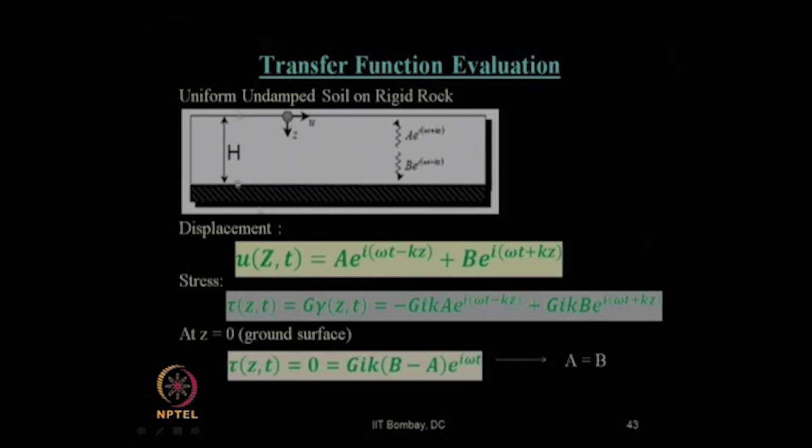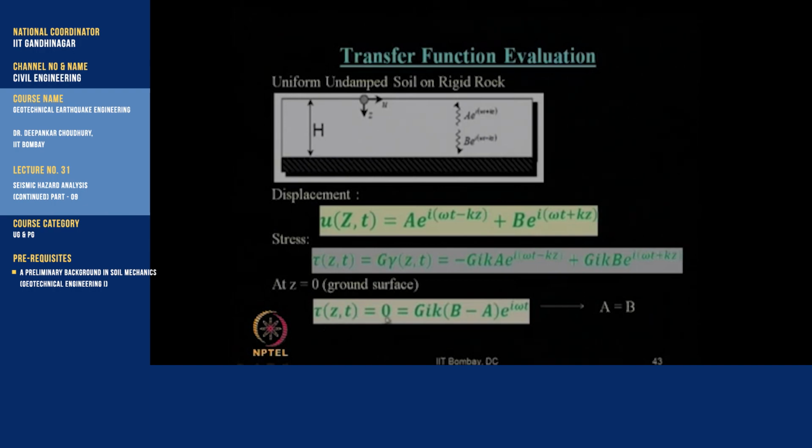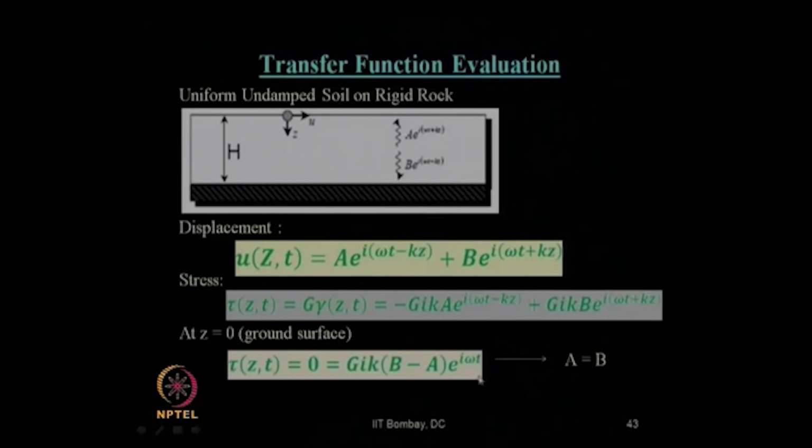So, if we put z equals 0 and tau of z, t equals 0 in this equation, we get a solution that will give a value of 0 only if a and b are equal to each other. Why? Because t can be any non-zero value, g is non-zero, and all the others are non-zero. So, it will produce the result of 0 only if b and a are equal.